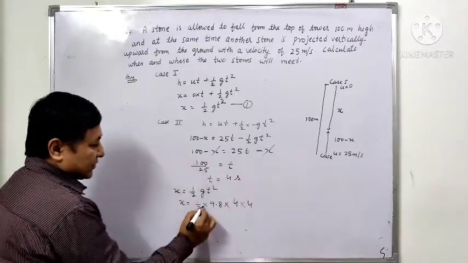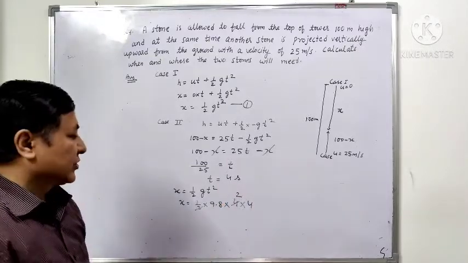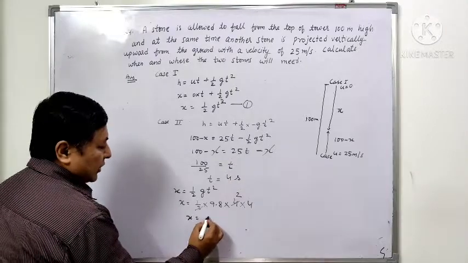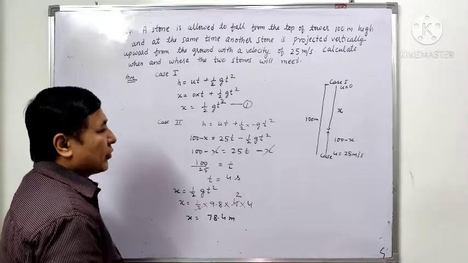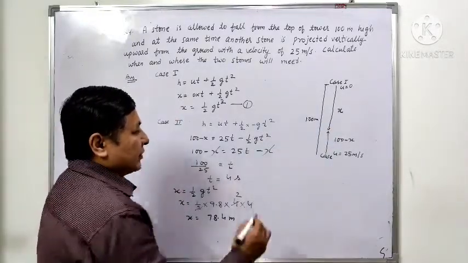We cancel, and this becomes 8 into 9.8, which is 78.4 meter. So from the top it will cover a distance of 78.4 meter.